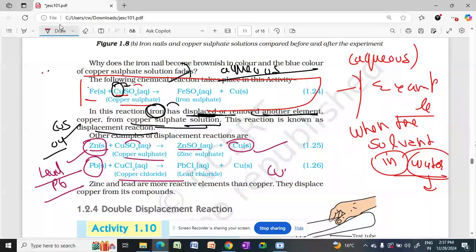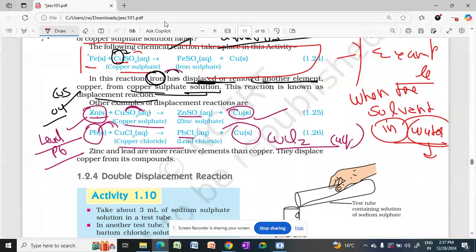What is copper chloride? CuCl2, an aqueous solution. Again copper is being displaced. In the first one we just saw iron has displaced copper. In the second one zinc has displaced copper. In the third one lead has displaced copper.